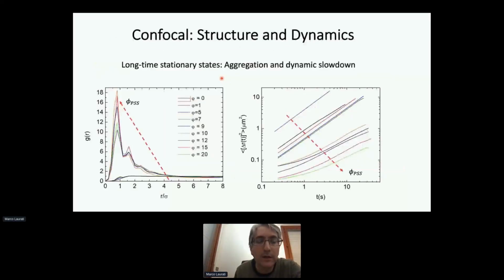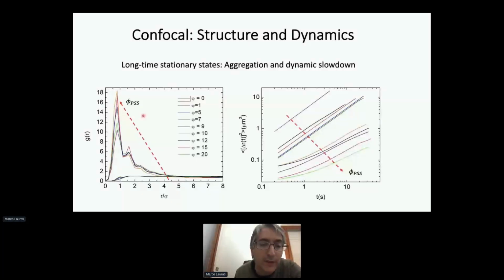And then, first of all, we looked at the steady states of the samples. So after, let's say, aggregation took place, and for different effective volume fractions of the polymers.